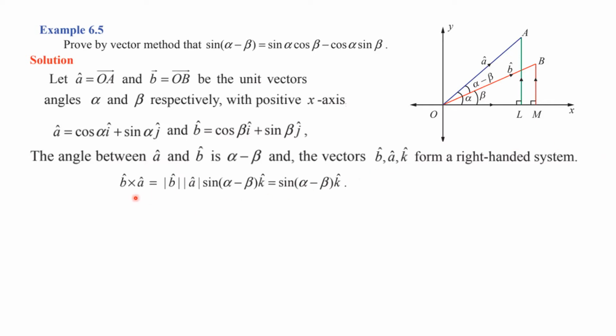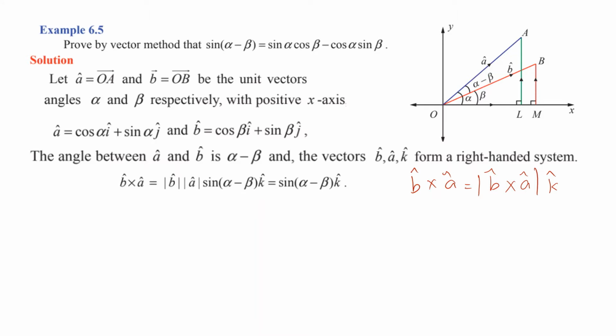Next, B cap cross product with A cap can be written in this form. So let me explain that for you. B cap cross product with A cap will be equal to magnitude of B cap into A cap into k cap, where k cap will be the resultant unit vector here.